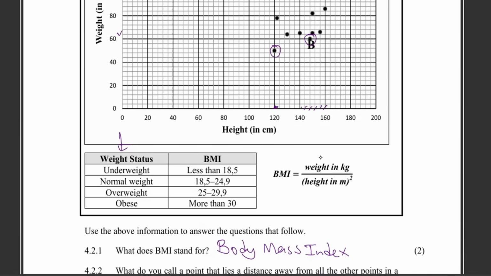How many lines do we see with B? B is 1, 2. So B is at 148. 60 minus 140 divided by 5, which is 4. So yeah, that is it. We are at 4. Okay.